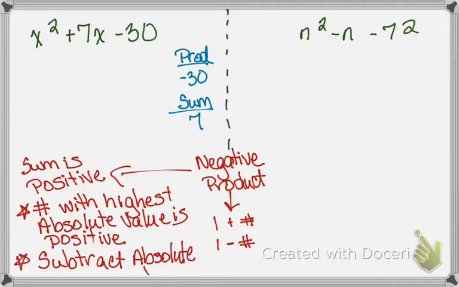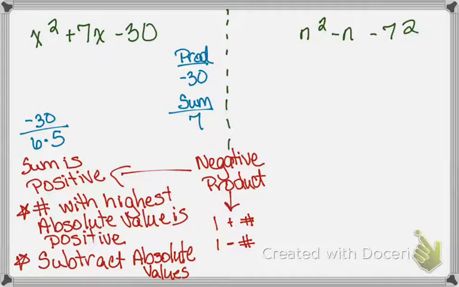Now, you may be able to look at this and tell me what the two numbers are. Okay? But I'm going to pretend like you can't for just a second. So I am going to take my negative 30 and I'm going to start writing factors. Okay? I know that 6 times 5 is 30.